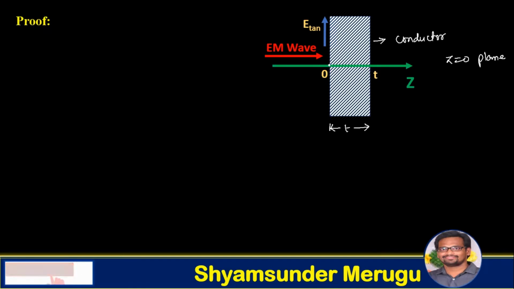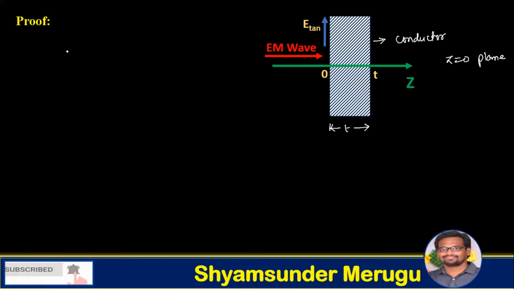And also here we can see that when the depth of penetration of the EM wave inside the conductor is less than the thickness of the conductor, then there will not be any reflections from the other end of the conductor. So the current is confined to the surface of the sheet.